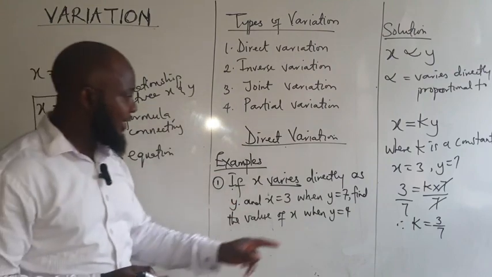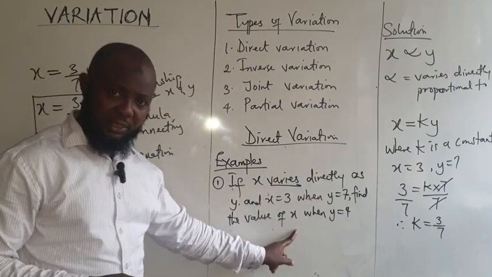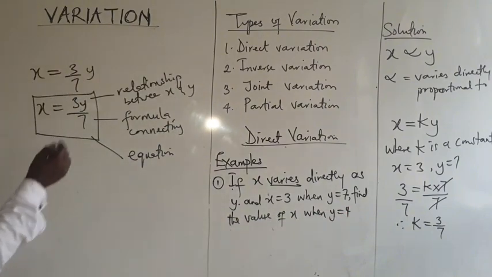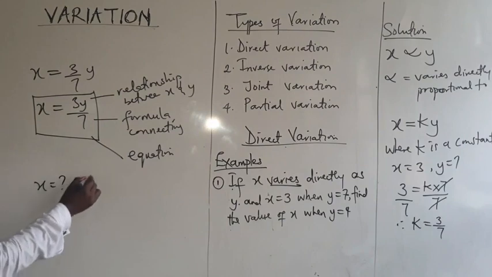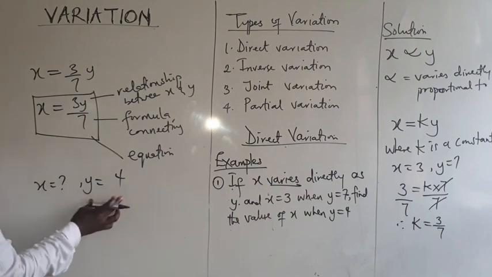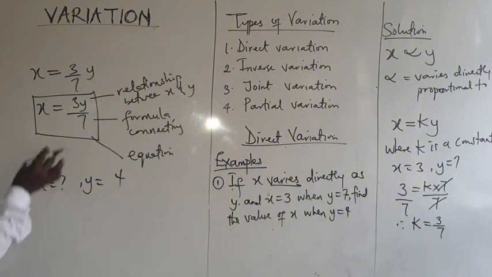So we've not found what we were asked to look for. The question asks us to find the value of x when y equals 4. So we can then use this. So find x, x we're looking for, when y equals 4. Are you with me? When y equals 4. So therefore, we now substitute y into this equation to get the value of our x. So we make use of this.